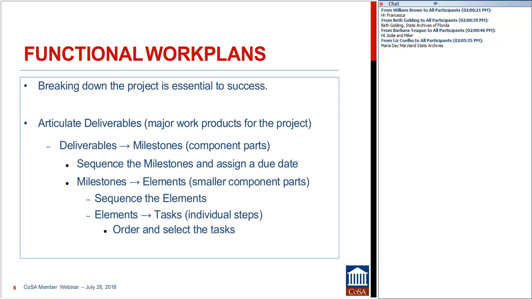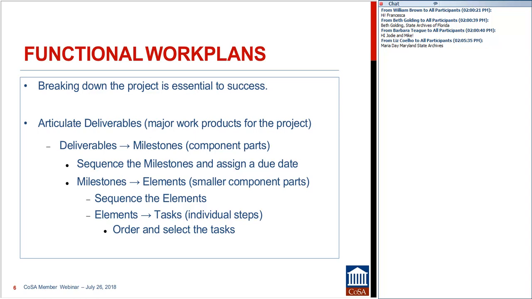I like to think about milestones as the component parts of particular deliverables that are then laid out in a chronological sequence and that are indeed tied to a particular due date. But to say that the milestone and the content of the milestone drives the due date as opposed to the arbitrary due date telling us what the content of the milestone would be.